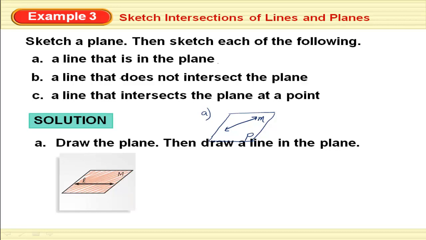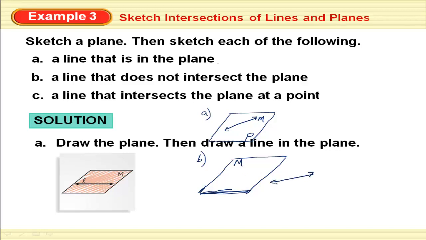Letter B is a line that does not intersect the plane. So for letter B, again, draw your plane, a straight line, then a little bit of a slanted line, and then join with a straight line. There. And you can name your plane any letter you want. Let's name it M. And a line that's not on the plane.